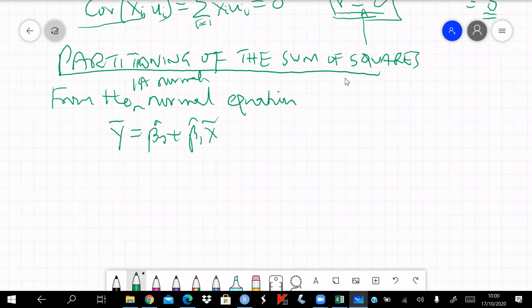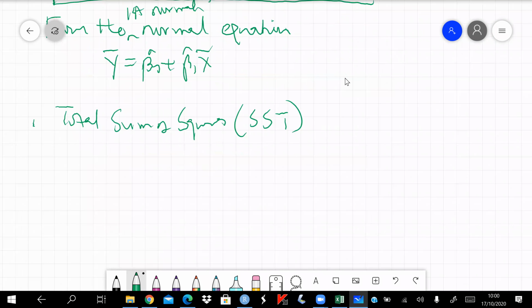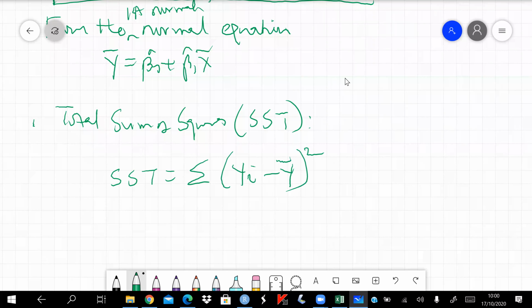Then we can show that the total sum of squares, denoted by SST, is given by SST equals the summation of yi minus y bar, squared.